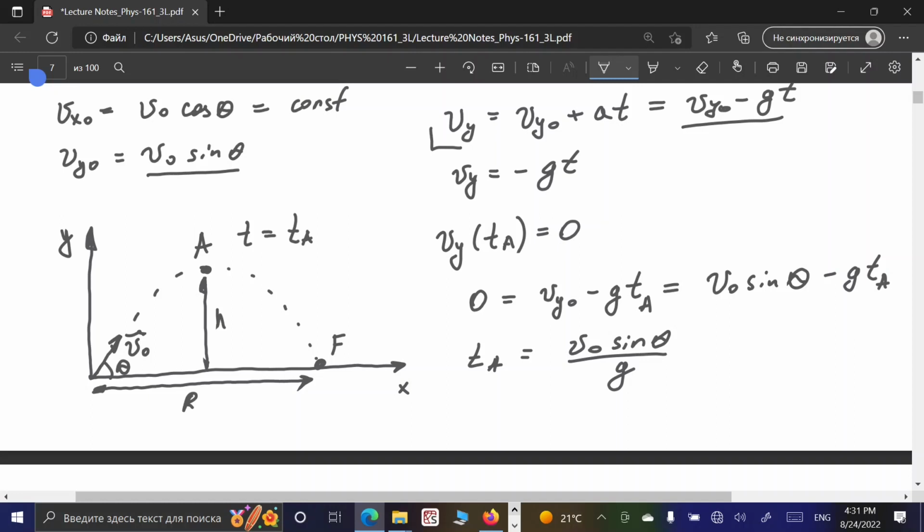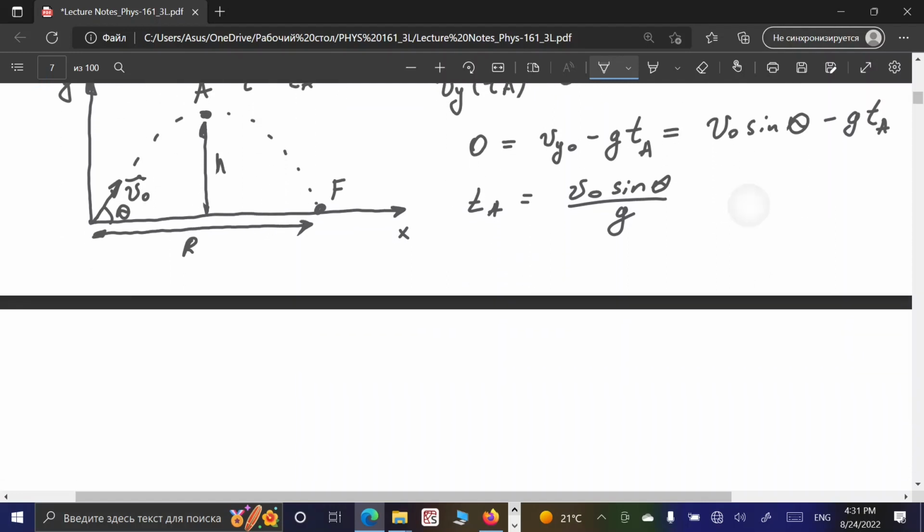So now we can move to the kinematic equation of this projectile along axis y. We know that y is equal to y naught plus v y naught times t plus acceleration times t squared divided by 2.